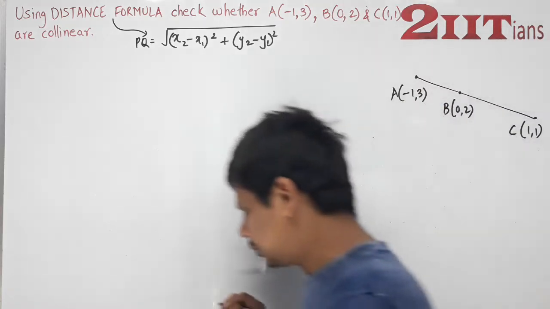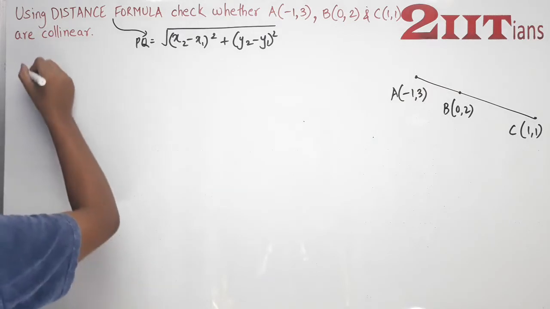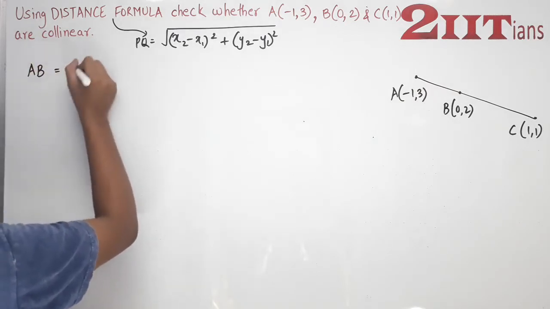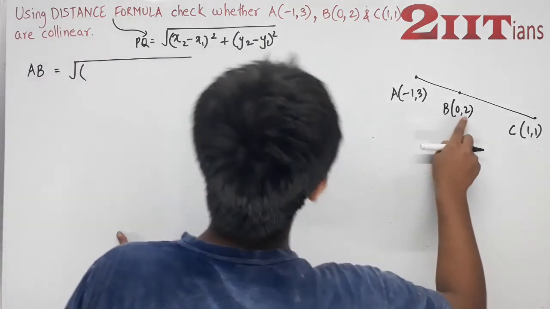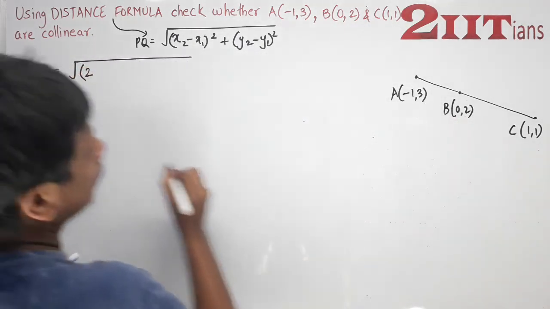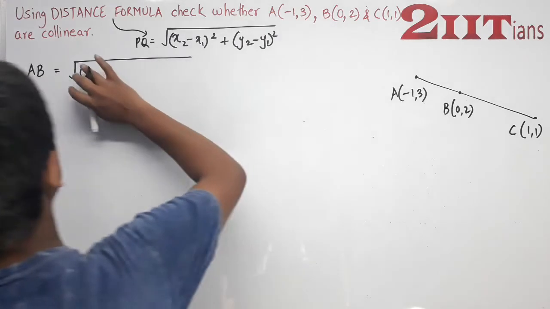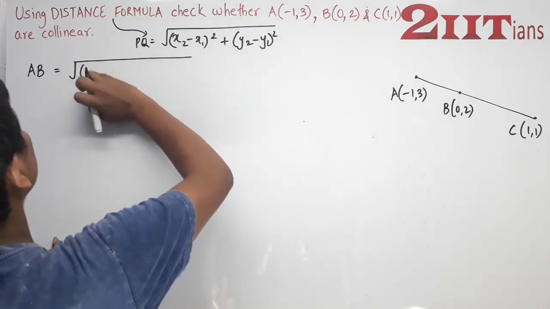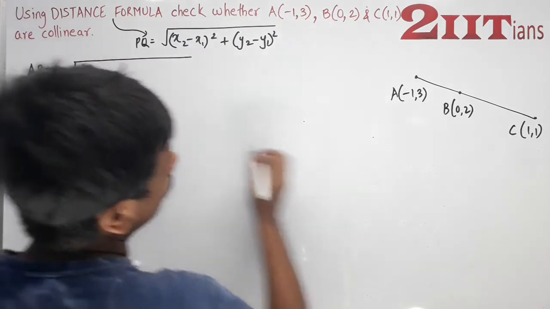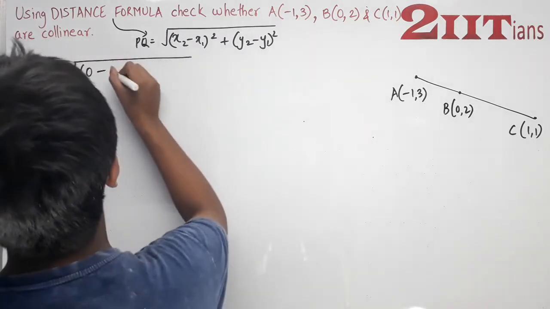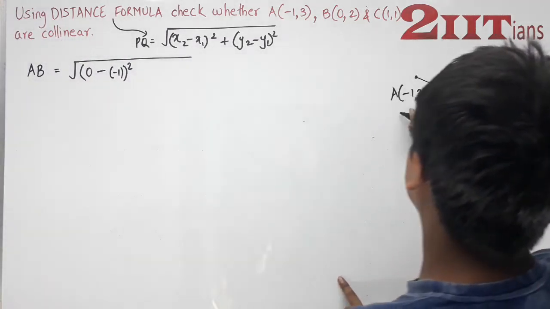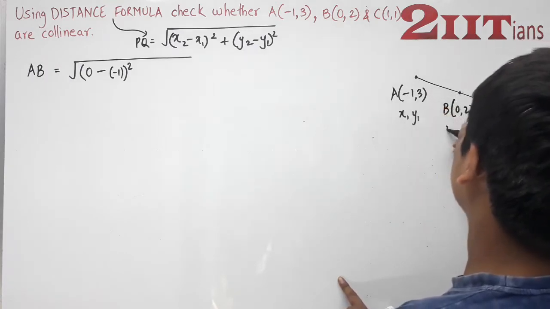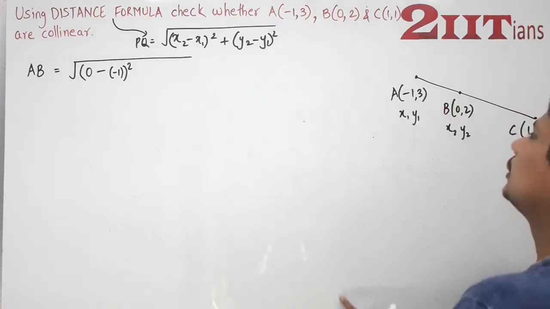So how will we calculate the distance AB? And we have to take care of the signs too. Here x2 is 0, so 0 minus (minus 1). You can write x1 y1, x2 y2 if you are a beginner.